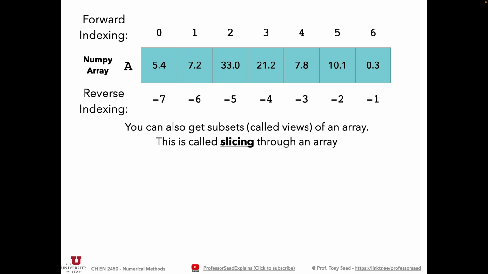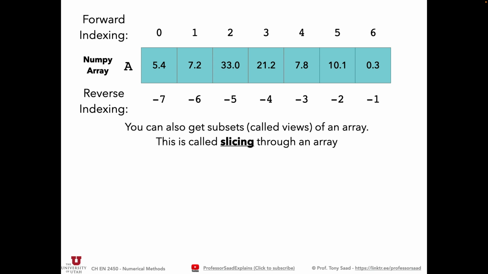We call those views. Essentially, you could say, what if I want only elements 1, 2, and 3 of an array? I just want to access those. Or what if I want 1, 3, and 5, just every other entry in an array? NumPy has the facility to do that.